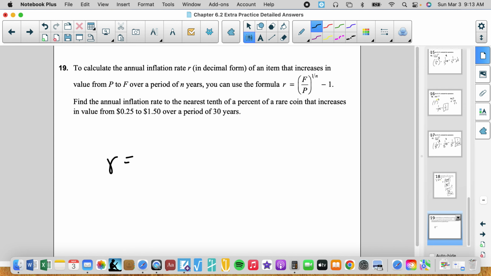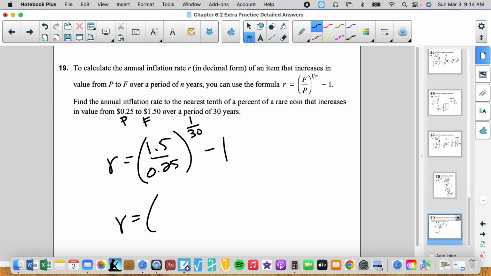So this is P, this is F. 1.50 over 0.25 to the 1/30 minus 1. I don't know if you saw the minus 1 there. So R equals, how many quarters are in $1.50? It's going to be 6 to the 1/30th, minus 1.